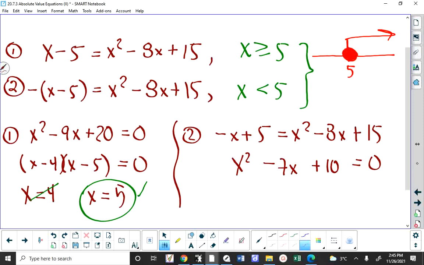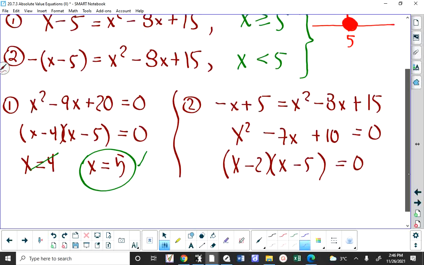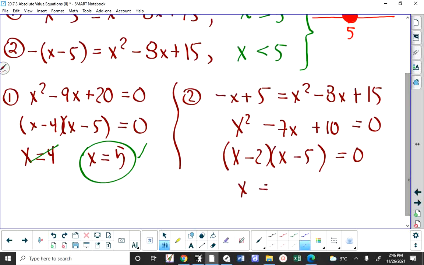I have to add x to both sides, so I get negative 7x. I have to subtract 5. I get 10. Also factorable, x minus 2, x minus 5, which means we get two apparent solutions, x equals 2, x equals 5.